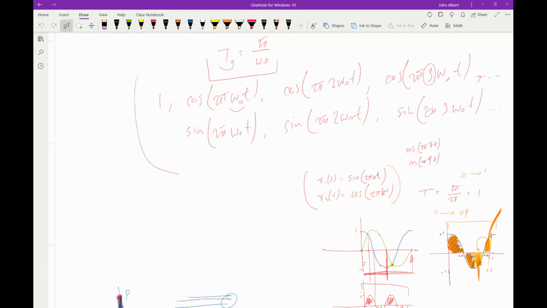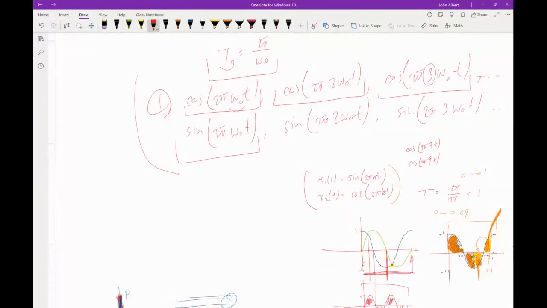In the case of those signals, think of each one of those as a specific dimension. Think of this one as another dimension, perpendicular to it. Think of the third one here as a third dimension, perpendicular to both of them. Think of the fourth one as another perpendicular direction to all of the previous ones, and so on. And the same thing with the sines.